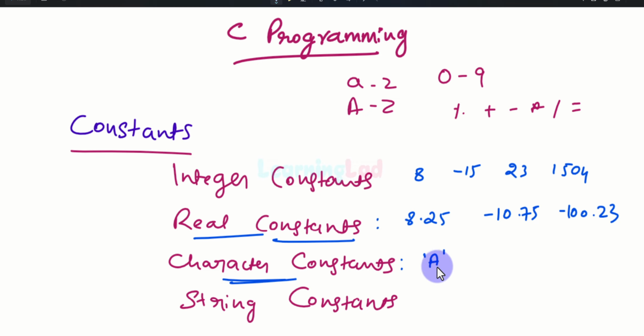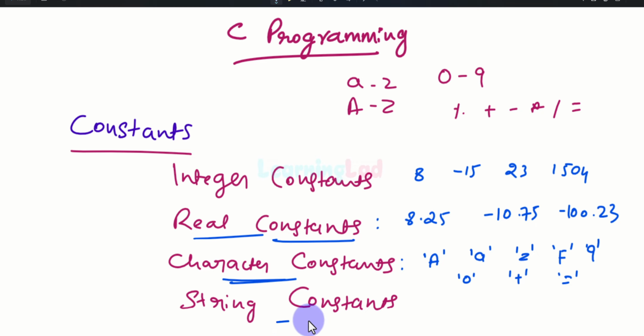For example, capital A or lowercase a or lowercase z or uppercase F, or it can be the digit 9, or the digit 0, or the symbol plus, or the symbol equal to. A character constant is an alphabet, digit, or a special character which is enclosed within the inverted commas.